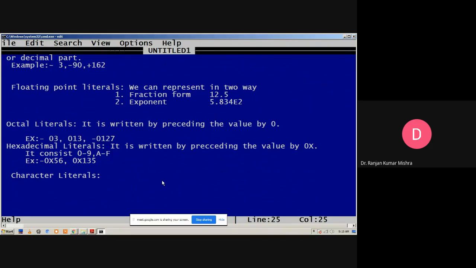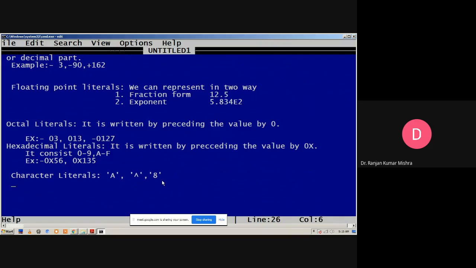That means it may be a character, a digit, or any special symbol. Character literals are always included with a single quote. Suppose this is a character, this sign is also a character, and this number is also a character literal.